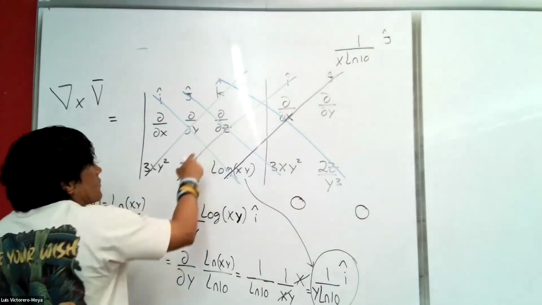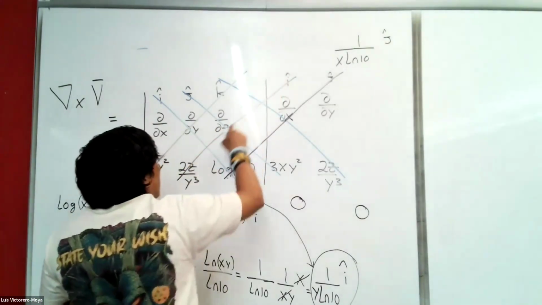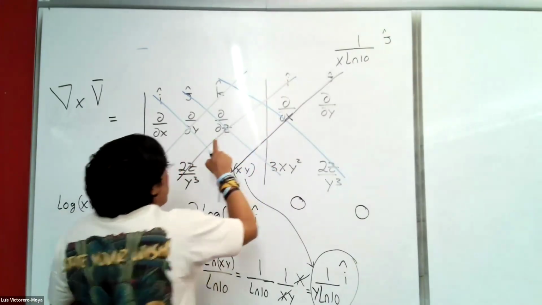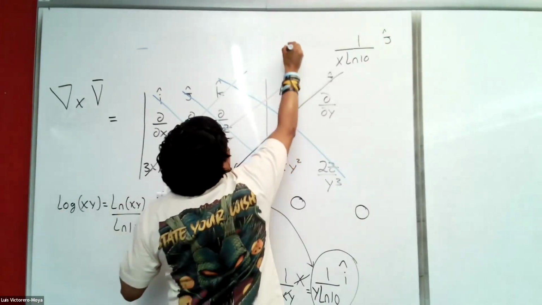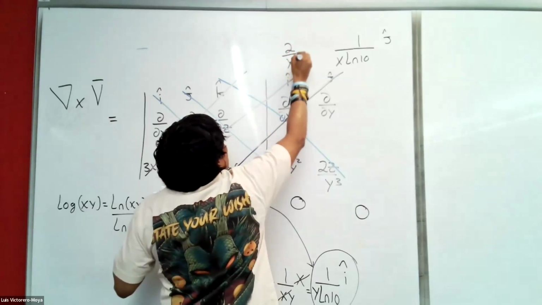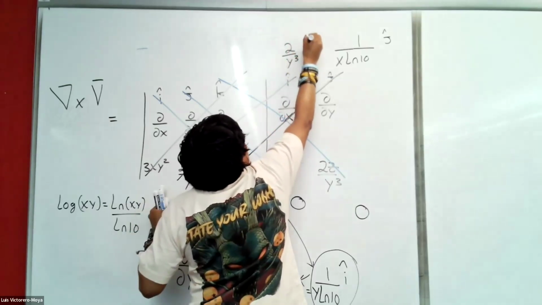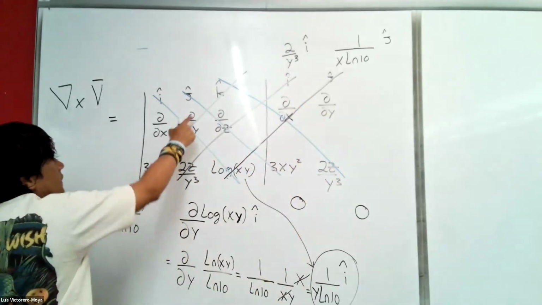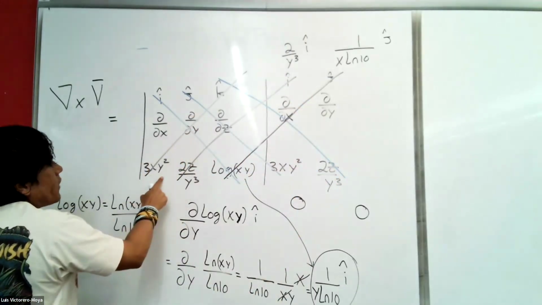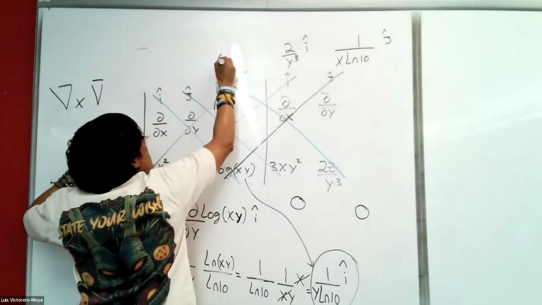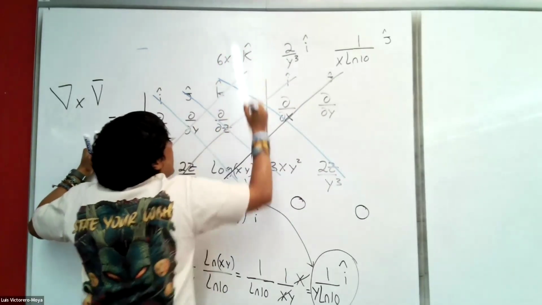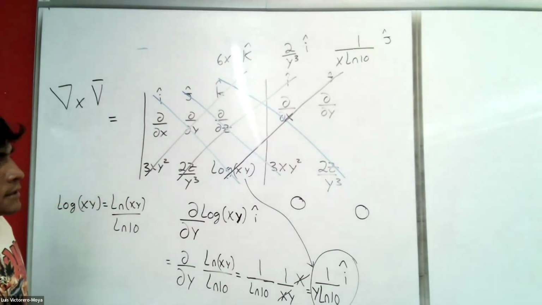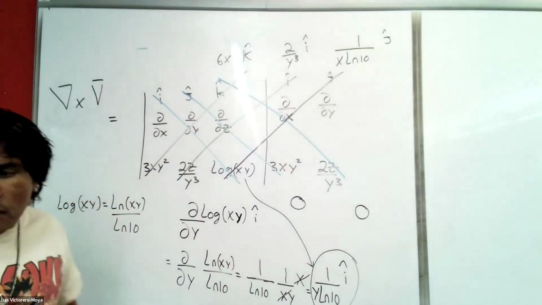Now this one, with respect to z of this I. The derivative with respect to z of 2z over y cubed is just 2 over y cubed, easy, in the I direction. And then the derivative with respect to y of 3xy squared is 6xy in the k direction. So it's going to be a bit long in there.